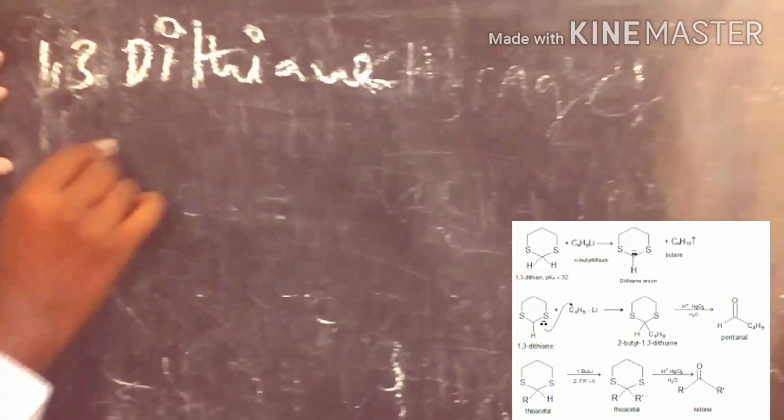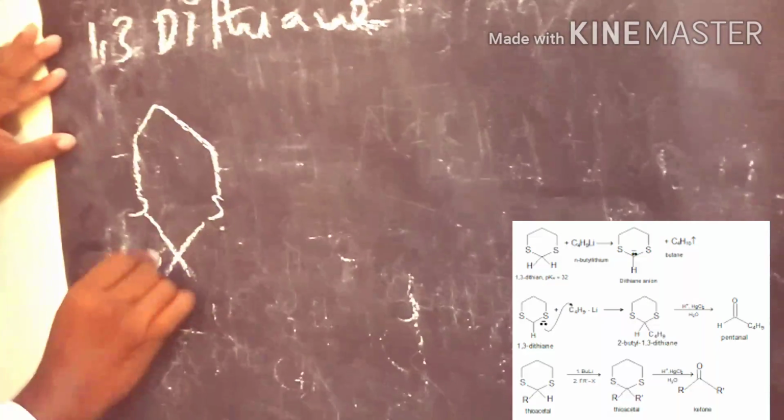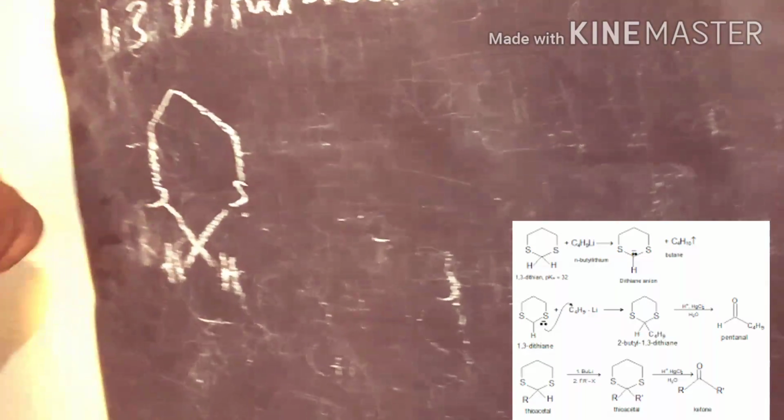This is the 1,3 dithiane compound. It is very simple. Here the numbering is 1, 2, 3, then 4, 5.